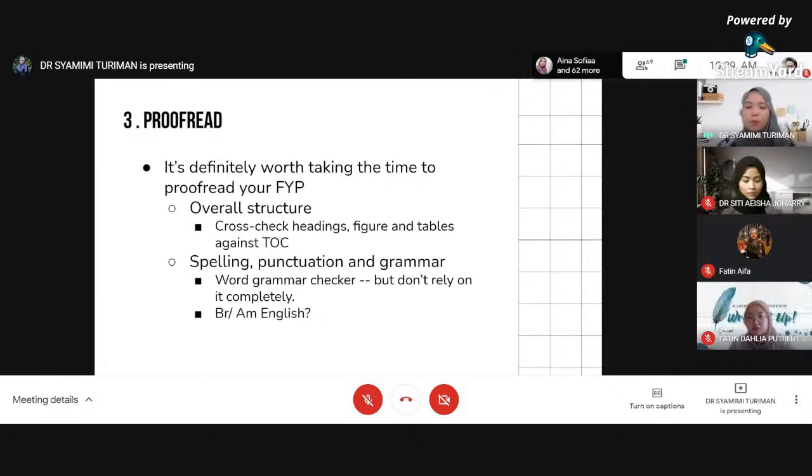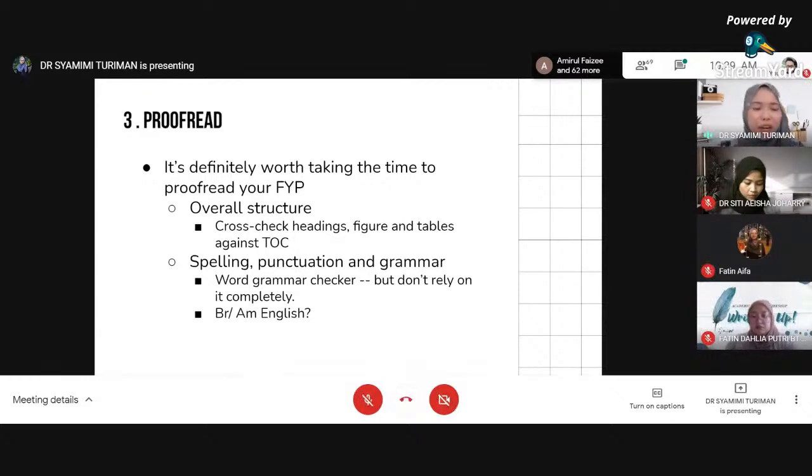So when you mention, for example, table 4.1, you don't want to make the readers struggle to confirm, just now it was mentioned that this was table 4.1. Why am I seeing another table 4.1 here, right? That can be very confusing, and that will be a reflection of the marks that you will get for your FYP.